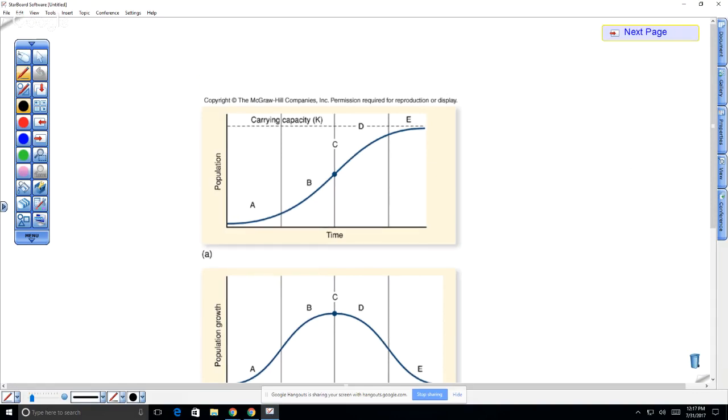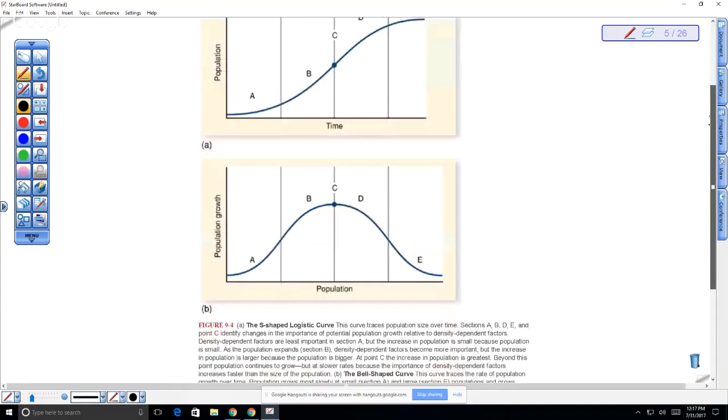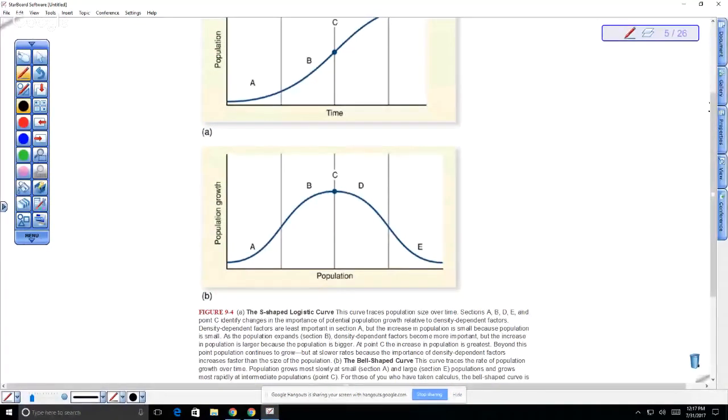Okay, so this shows that S shape. This is time and population size, but then they showed how the population size affects population growth. You'll notice that population growth is greatest at an intermediate size.